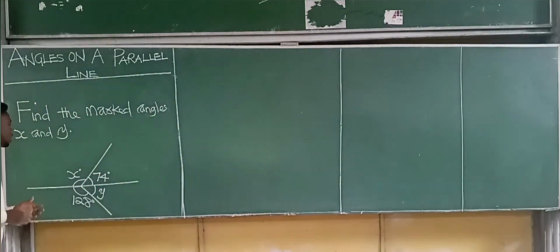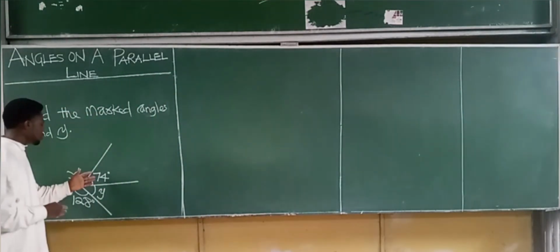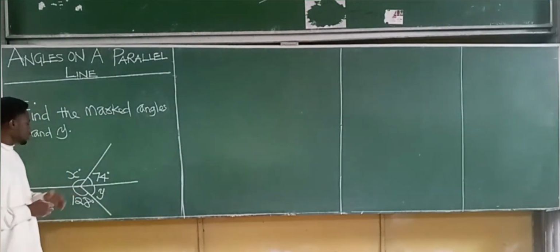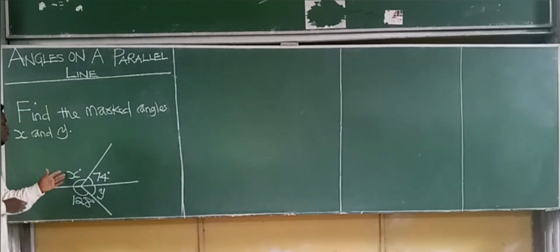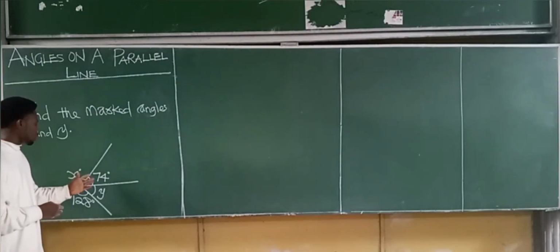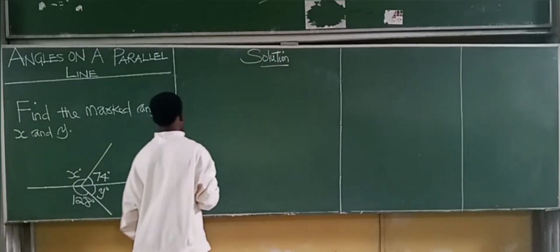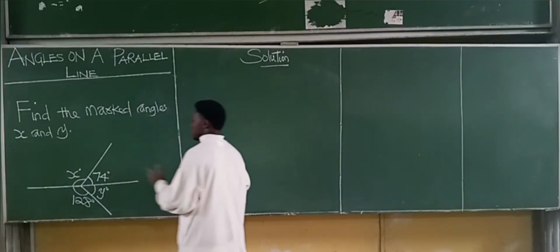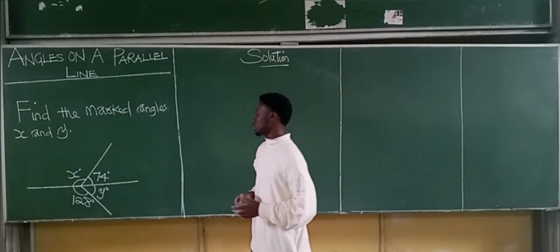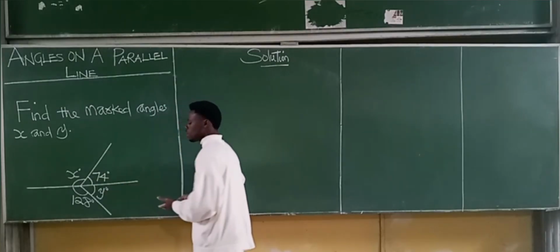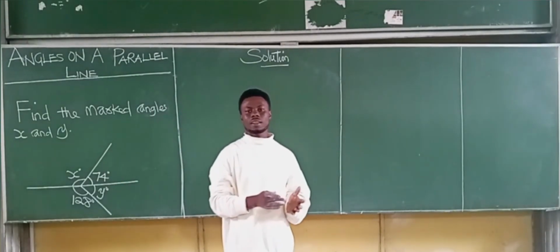Alright, in the diagram we have X degrees, 74 degrees, 128 degrees, and Y degrees. We are required to find X and Y degrees. On the diagram we have X degrees and 74 degrees on the same plane, which is on a straight line.